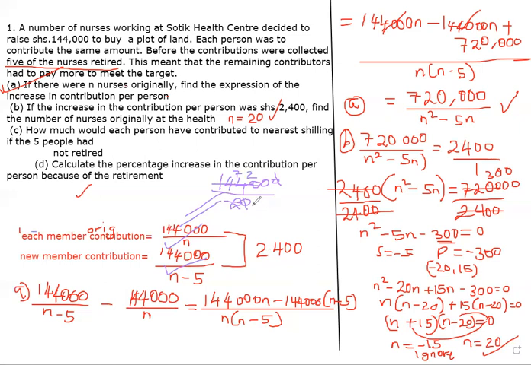So the amount that was supposed to be contributed before the other people decided to retire, it's supposed to be 7,200. That was the amount that was supposed to be contributed by those people before they decided to go their ways.